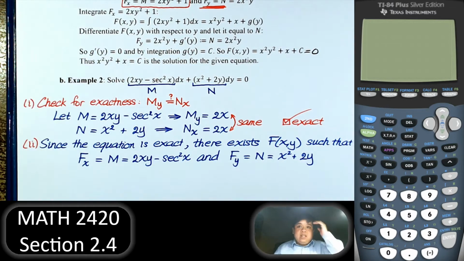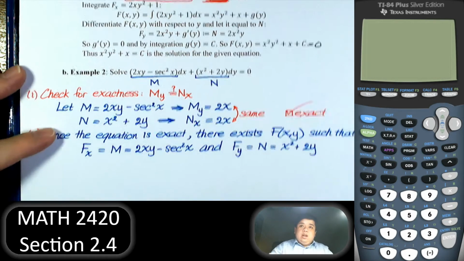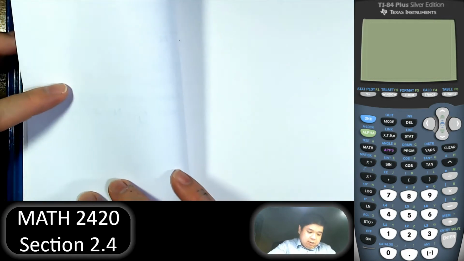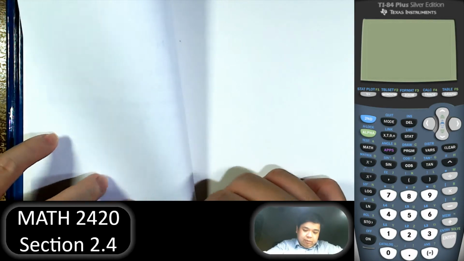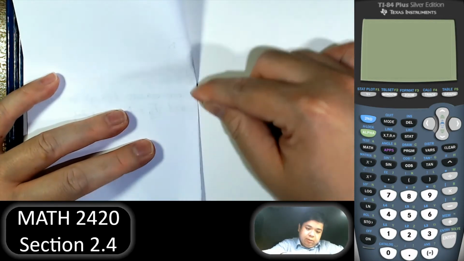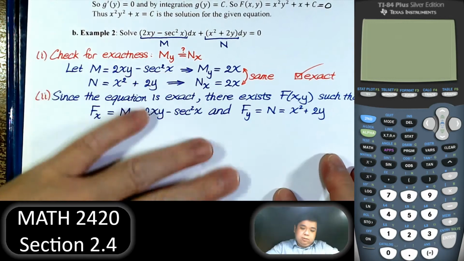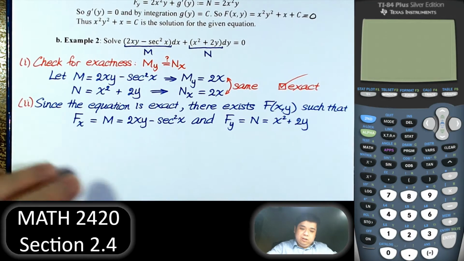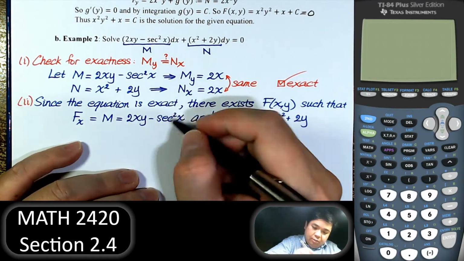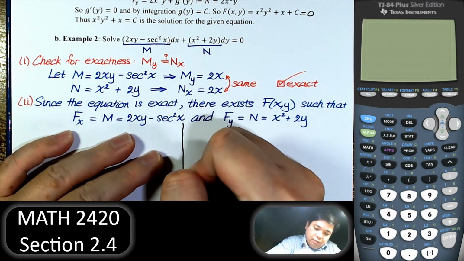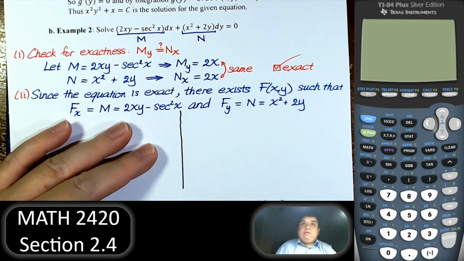Right, like I said, this might take a little space, and the problem has two steps of differentiating and integrating. So let's fold this in half. So we have two steps.